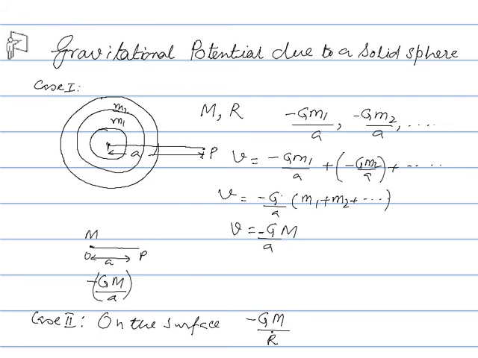The radius of the sphere. Here the distance of the point from the center of the sphere is equal to the radius of the sphere. So this will be the potential at a point on the surface of the solid sphere.